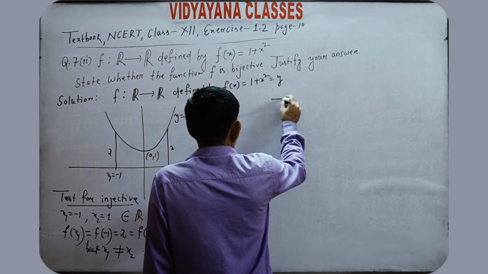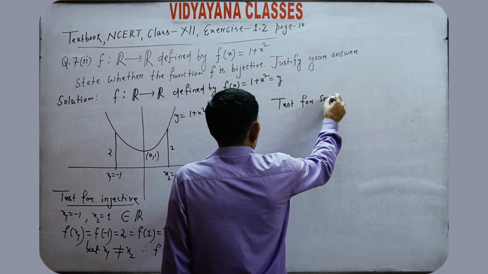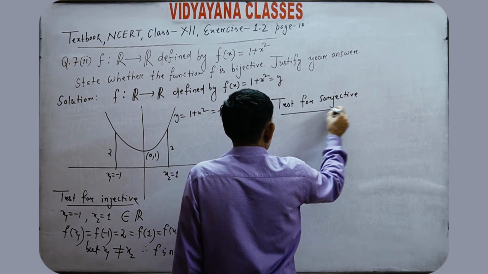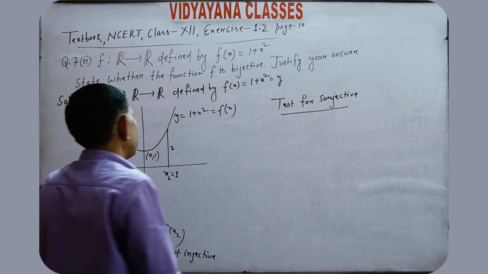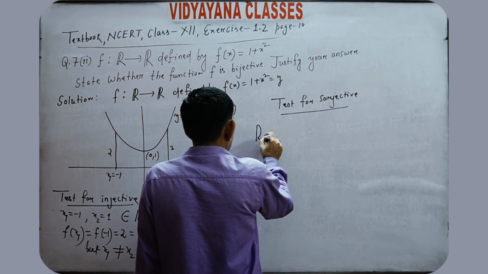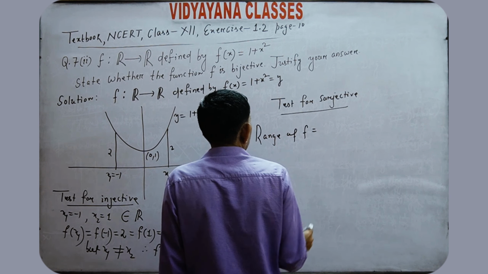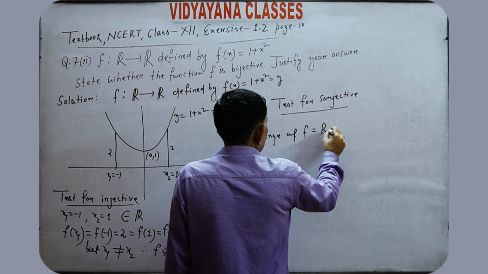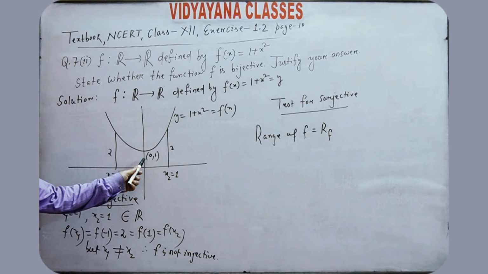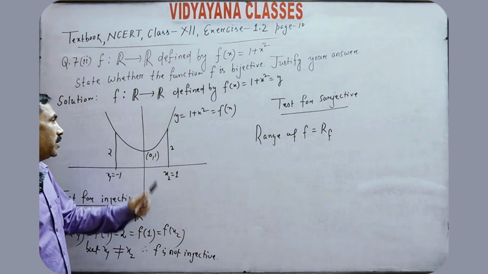Test for surjective. For surjective, what is the range of f? Range of f is equal to R(f). The minimum value is at x equal to 0, the value is 1, otherwise greater than 1.